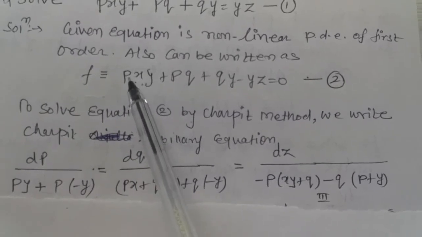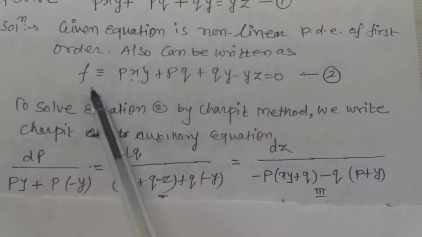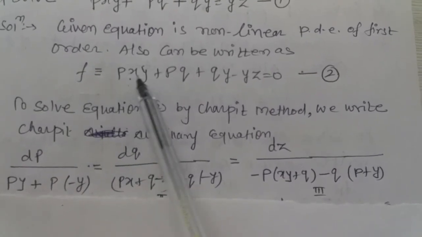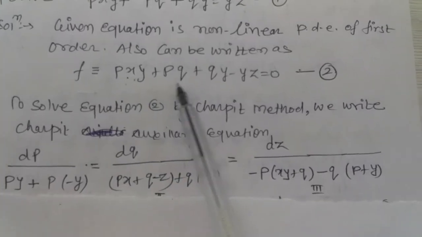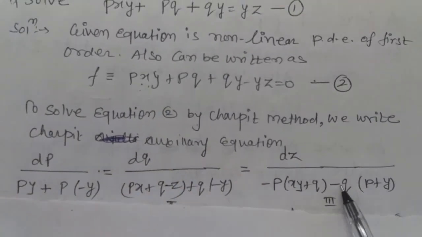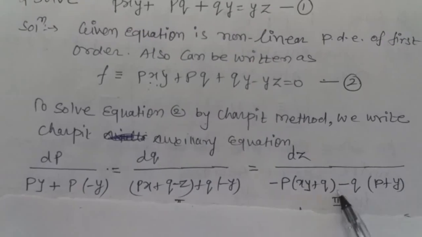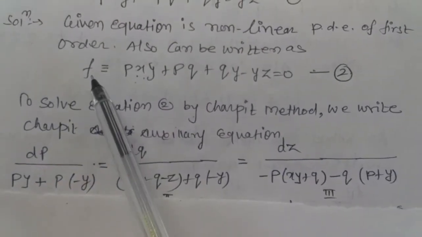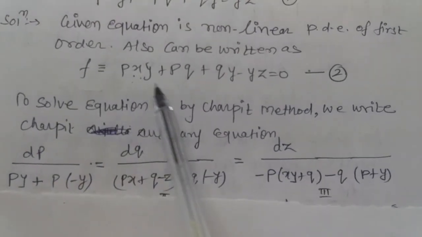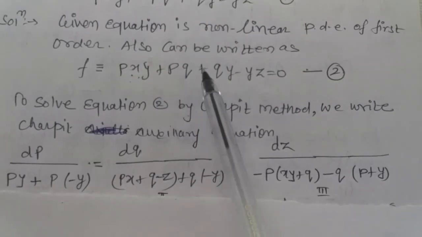Del f by del p, the partial derivative of f with respect to p, we get xy plus q. Del f by del q, the partial derivative of f with respect to q, we get p plus y.